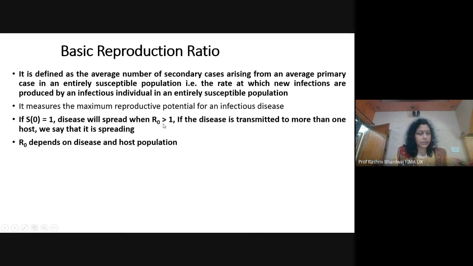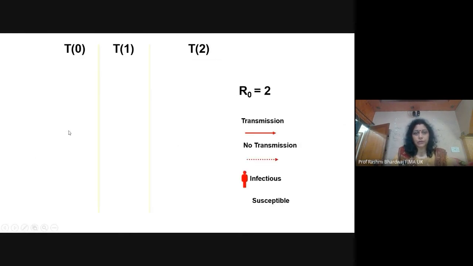And if it is greater than 1, it is always considered that it is transmitted to more than one host. I'm showing you, let R0 be 2. So what is the initial phase? One is an infectious person. Because R0 is 2, this person is going to infect, if he or she comes in contact with other people, two other persons.